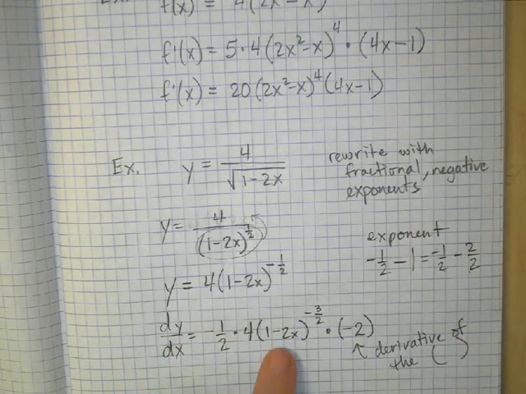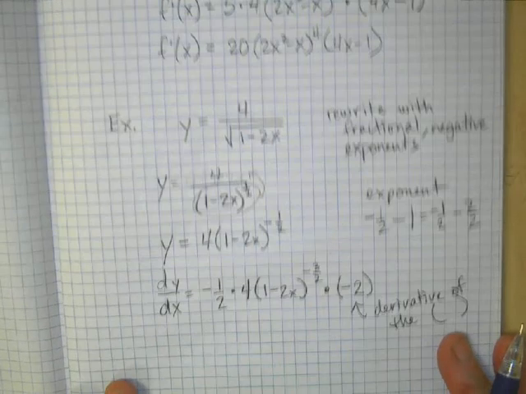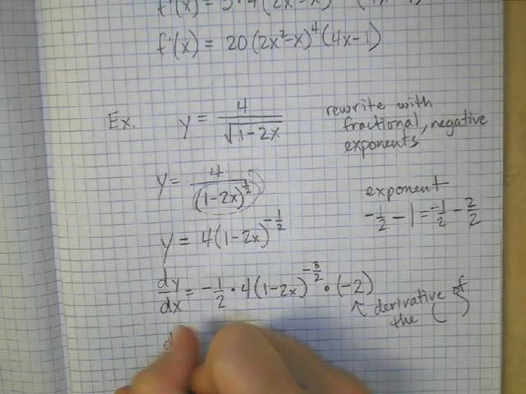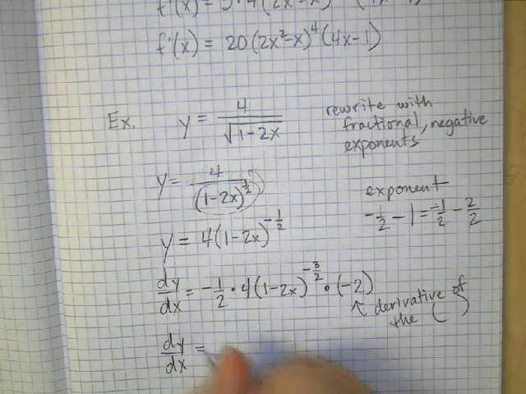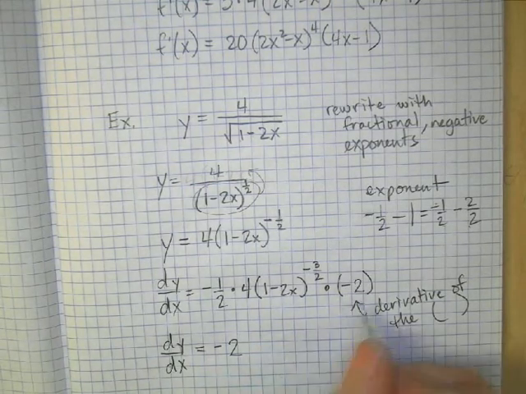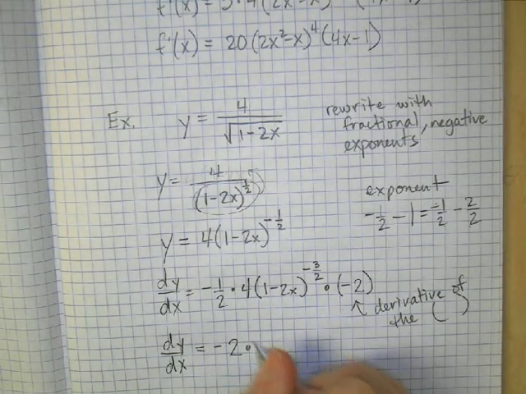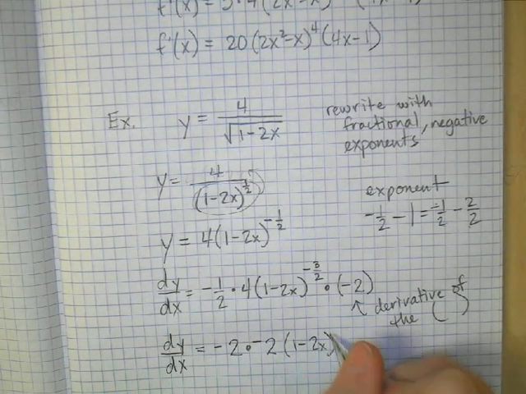That's that part. Okay, and now I can simplify it a little bit. So I have dy dx. And negative 1/2 times 4 is negative 2. And, oh, and I can times that by negative 2. Bring that to the front. And then I'm going to have 1 minus 2x to the negative 3/2.